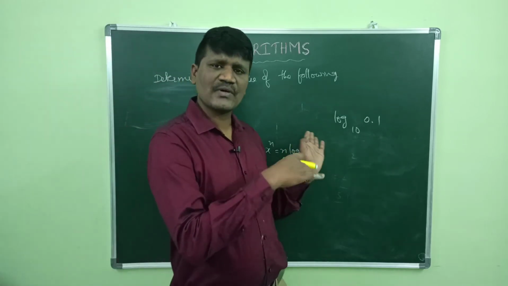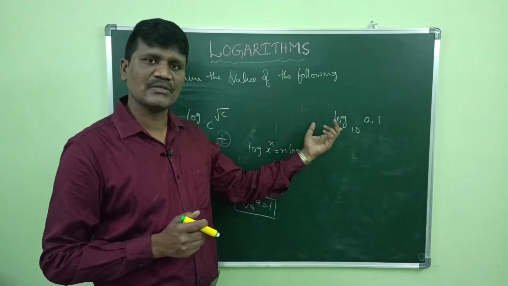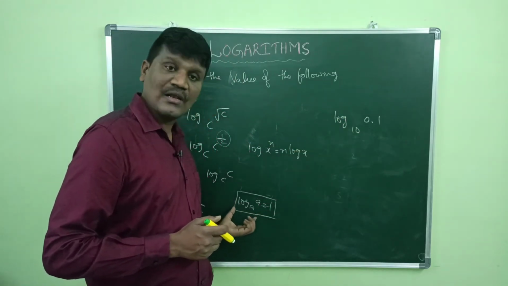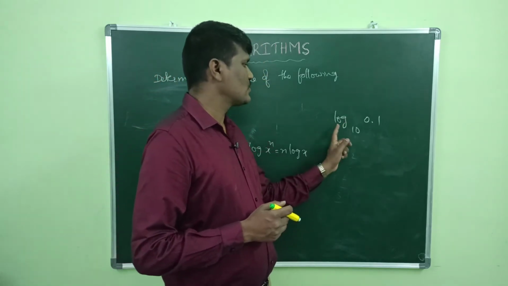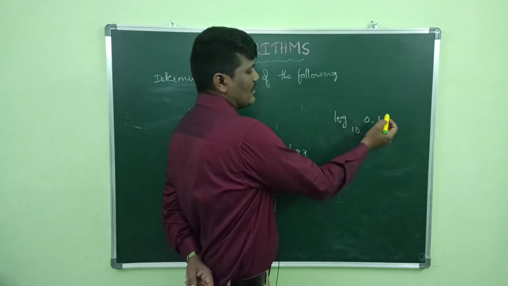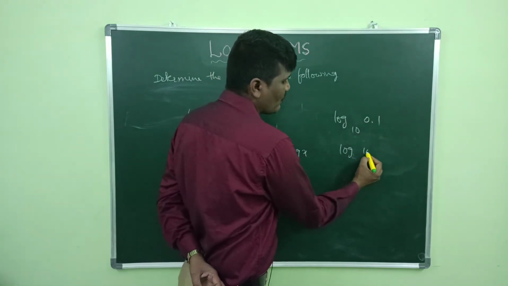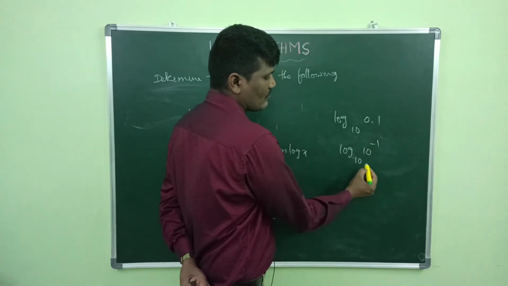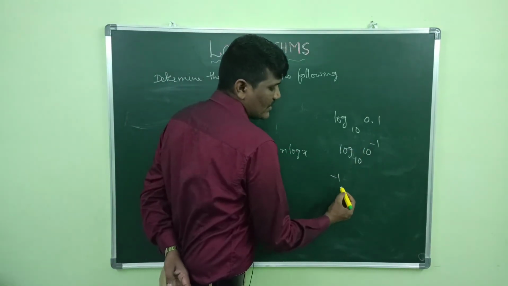Otherwise you can use the exponential form, or use the formula log a to the base a is equal to 1. So this one I can do: 0.1 I can write as 10 to the power of minus 1. So minus 1 will come like this.